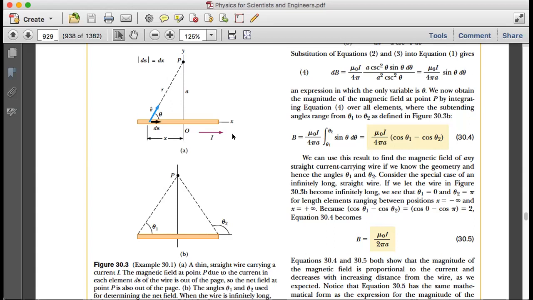If in the middle, it should be mu 0 I over 2 pi a. This cos theta is equal to L over 2 divided by the square root of L over 2 squared plus A squared.